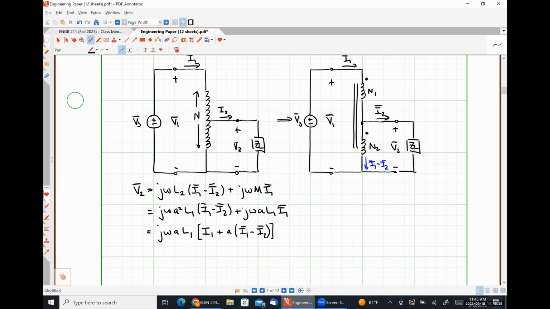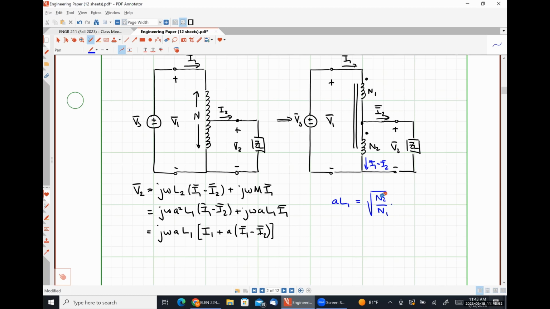Okay, so let me do this over here. So A times L1 is going to be the square root of L2 over L1 times L1.